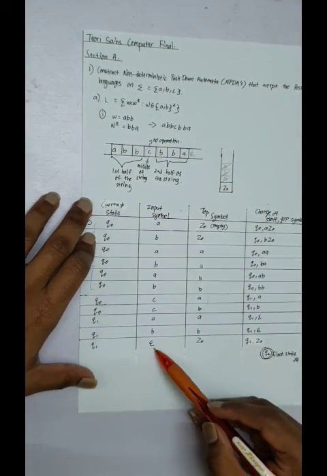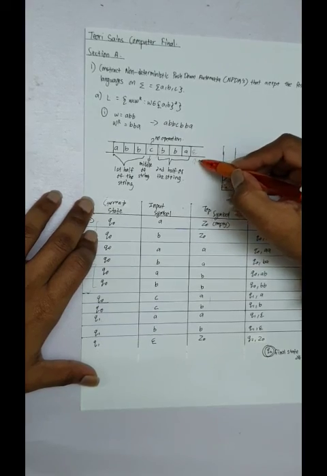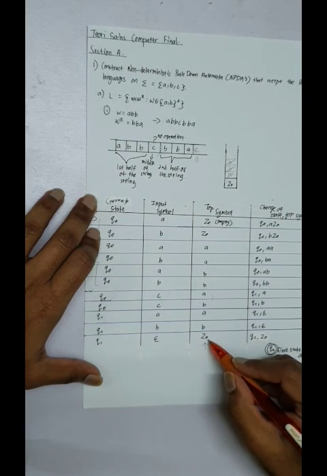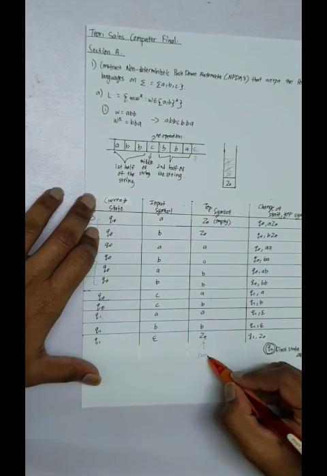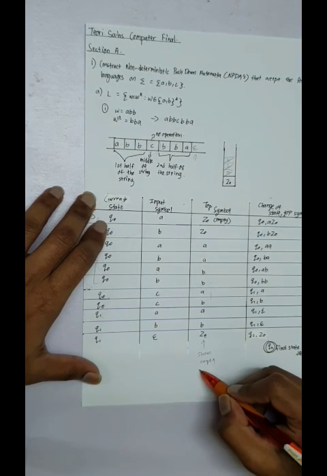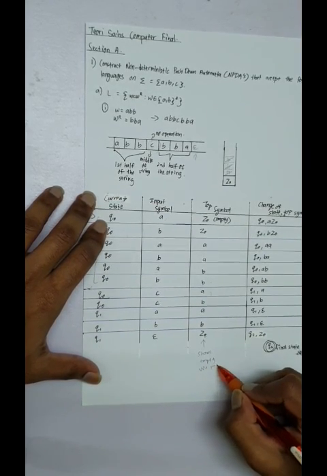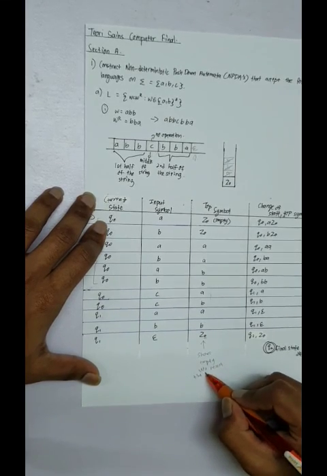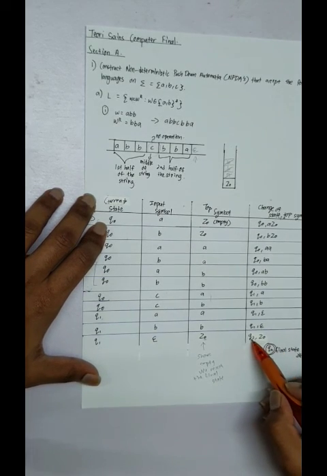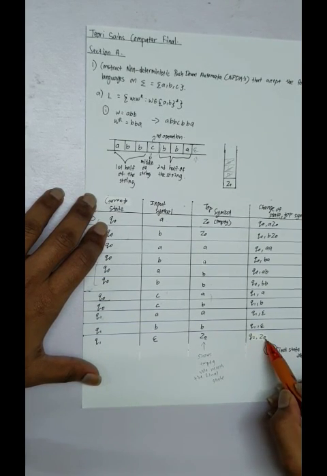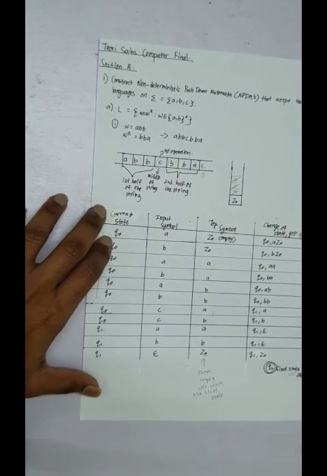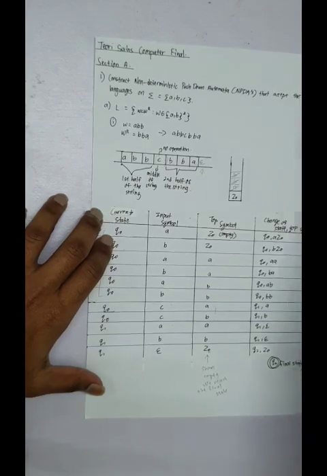When the input symbol is epsilon, the topmost symbol must be Z0, which shows an empty stack, and we reach the final state. So the state changes to q2 and Z0. The final state is reached.